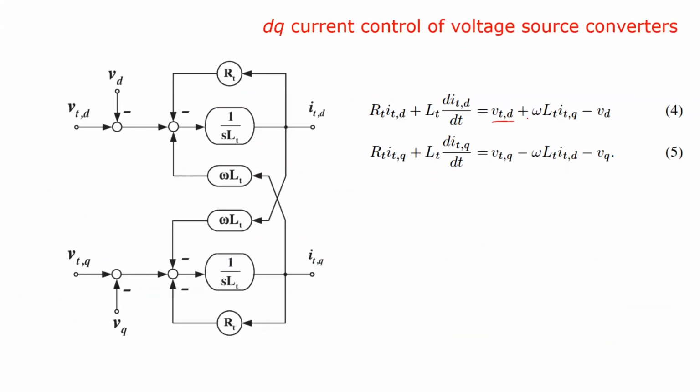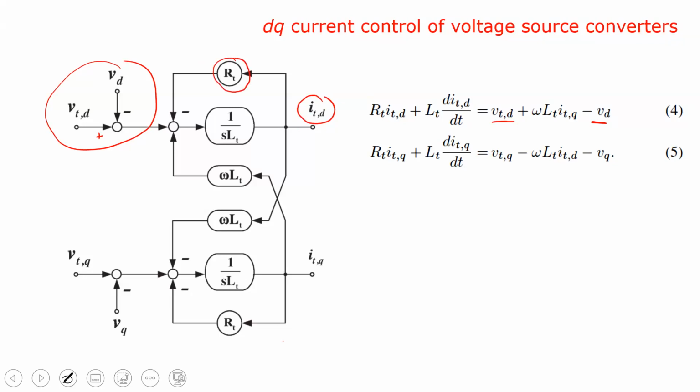Here this VTD minus VD, this entire thing gives you this, plus here VTD minus VD. Here this output is ITD, but it's feeding back, something like this term is ITD into RT. So this is the first term, ITD into RT. Similarly, the second term is the Laplace of this one.